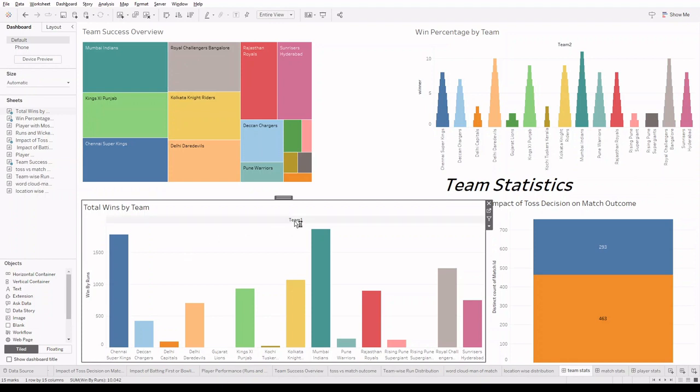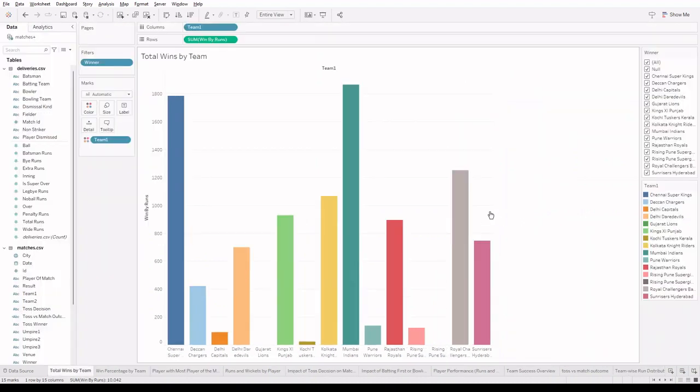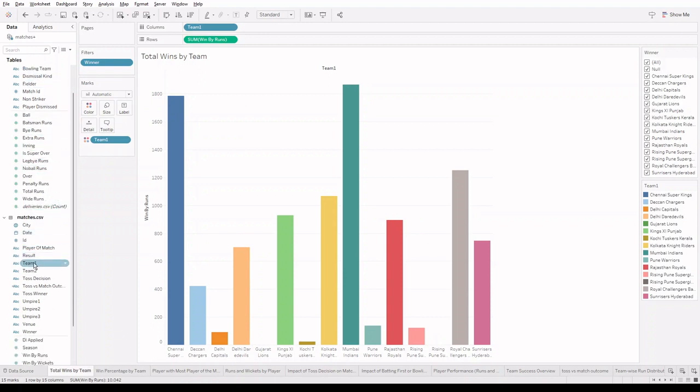Here I have chosen team one because in this data set we have two teams to be shown. If you go into team, we can see we have team one and team two.